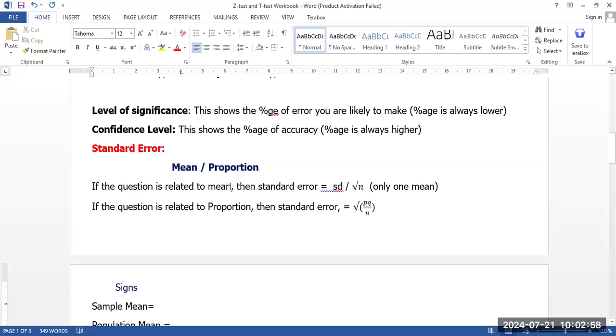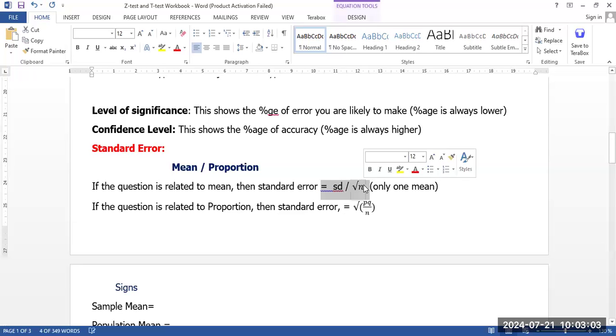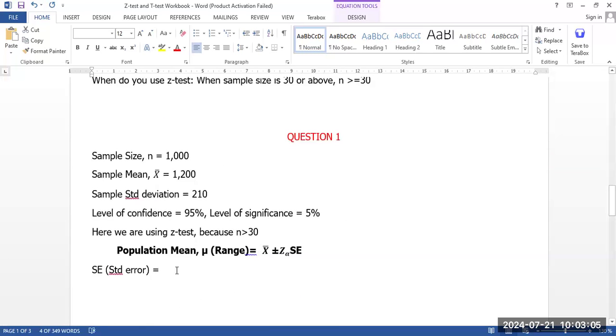This is the formula we use: we get the standard deviation and divide by root n. The standard deviation for the sample is denoted as S, which was given. So you can substitute and tell me what the standard error is.